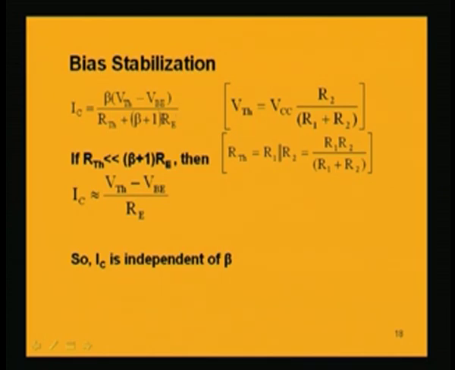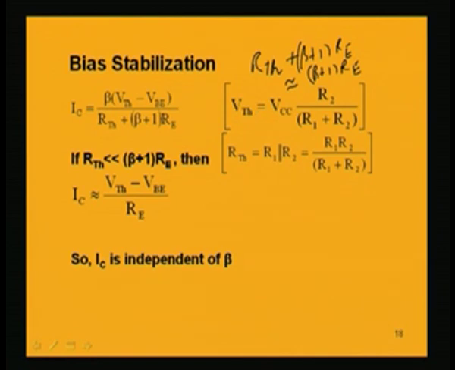Then this expression boils down to IC almost equal to (V Thevenin minus VBE) by RE, because beta by beta plus 1 will cancel. Since we are writing R Thevenin plus (beta plus 1) into RE approximately equal to (beta plus 1) into RE, ignoring R Thevenin since it is very much less than the whole term (beta plus 1) into RE.